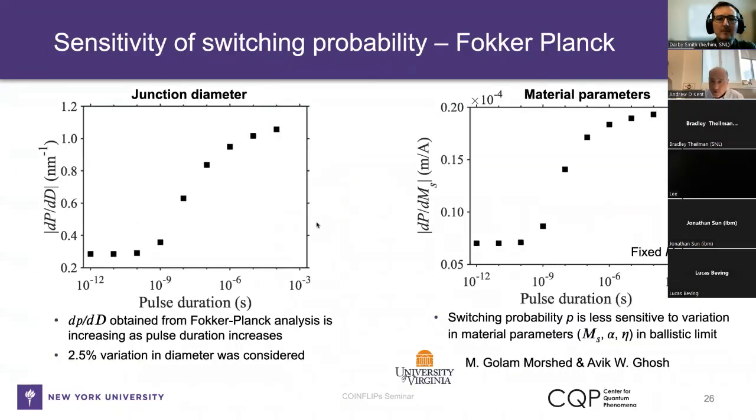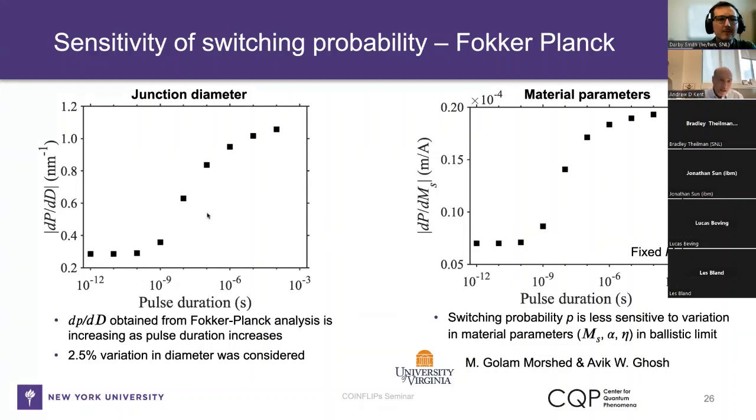And finally, we're working also more on the modeling side. We measure tens of devices, but it's hard for us to do, say, a systematic variation of device diameter or material properties. That requires lots and lots of measurements, lots of devices. But working with Golem Morshed and Avik Ghosh, they've studied in this Fokker-Planck model what happens for device diameter variations or material parameters like the magnetization varying.